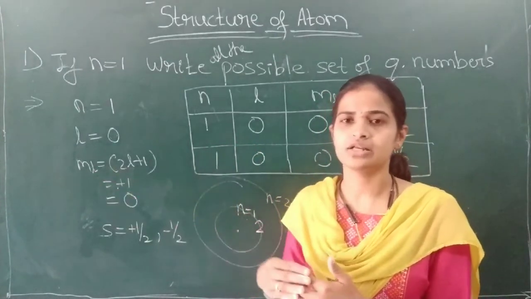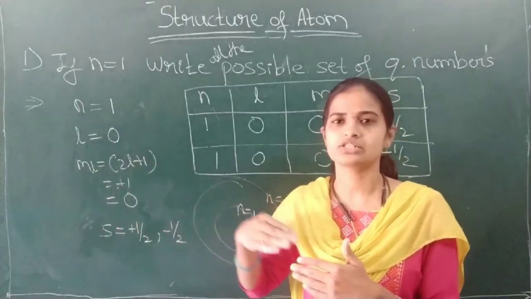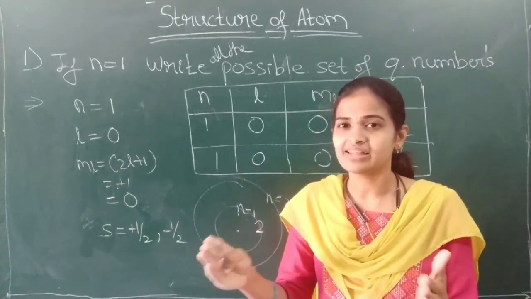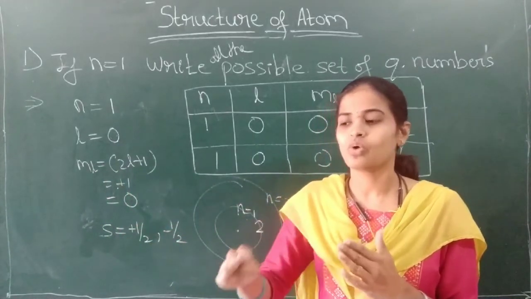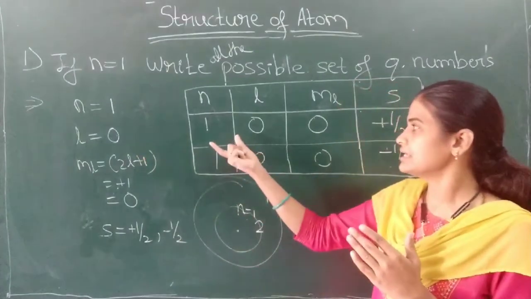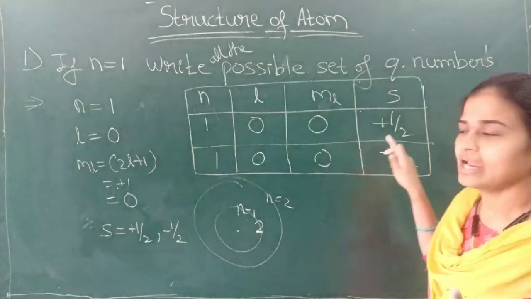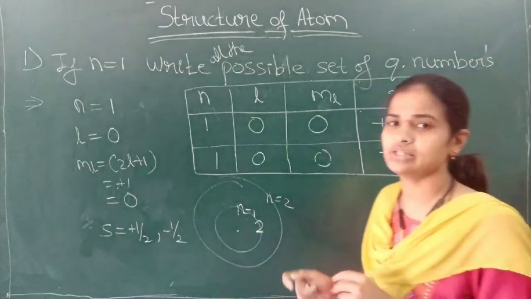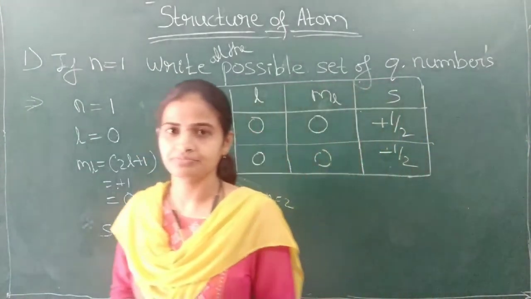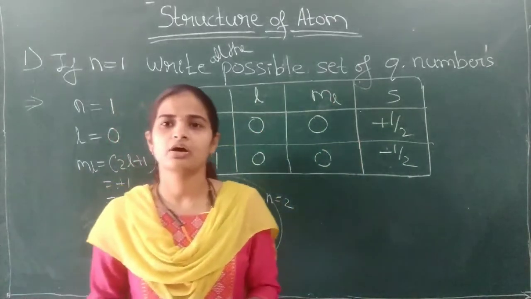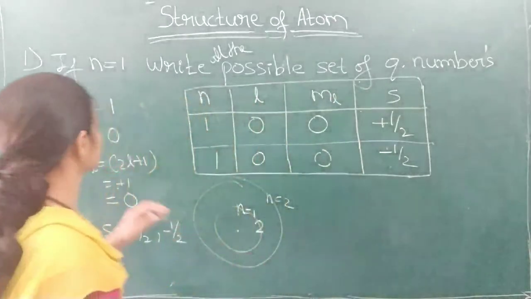So, so and so street you are staying, and house number at least changes, no? 201, mine 201. Like this. These two electrons, all these three quantum numbers are same. At least they have the change in the spin quantum number. Got it, students?